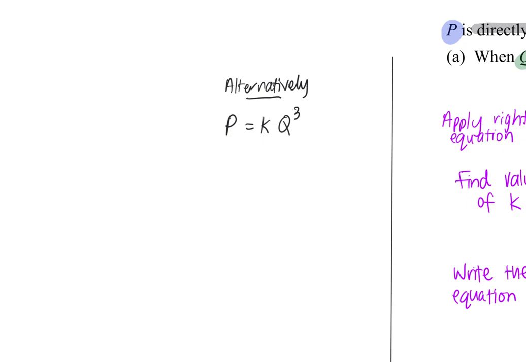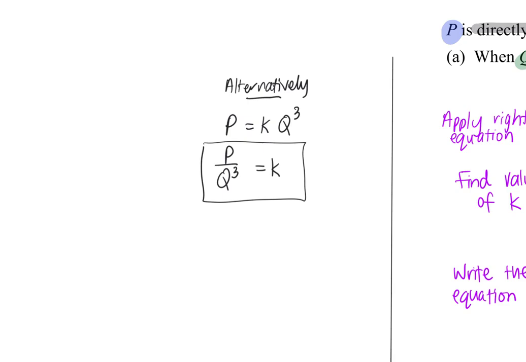K is actually P divided by Q cube. And remember, K is fixed. That means for each set of values of P and Q, when I use P divided by Q cube, it will always return us this value of K. And this value of K is a constant, which means it's fixed.